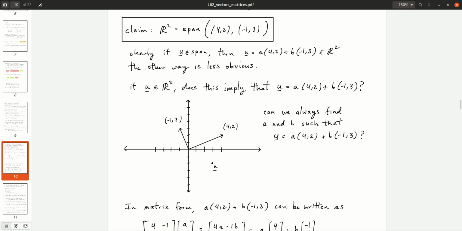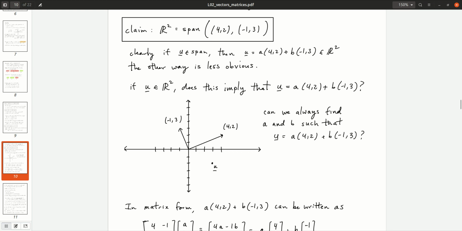Now, the other way is a little bit less obvious. So we want to take a member of R2, and we want to check that this implies that we can write it as A times 4, 2 and B times minus 1, 3.